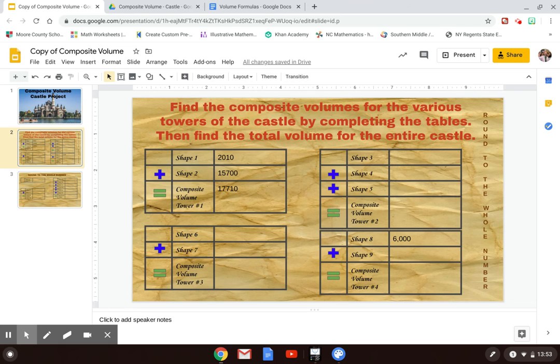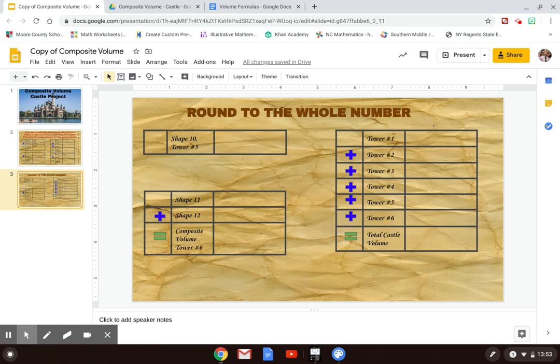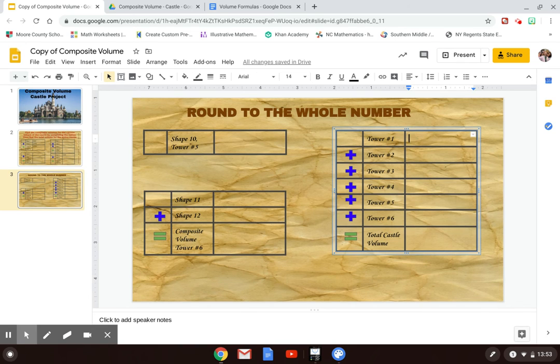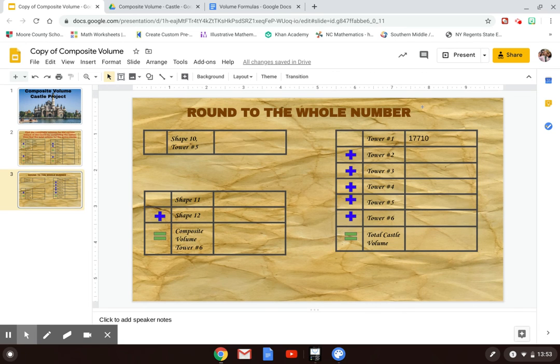So I just found the volume of the shapes that make up tower number 1. I add them together, and that gives me the composite volume for tower 1. Then I'll come over here to where it says tower number 1 in this total table, and I'll type 17,710, because this is the table that I'm going to enter all of my values in, my total castle volume.